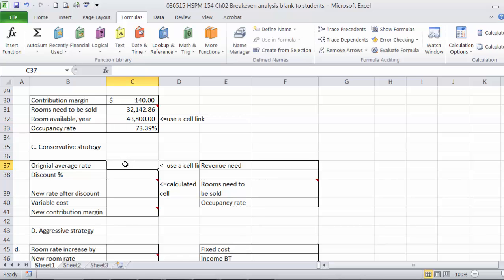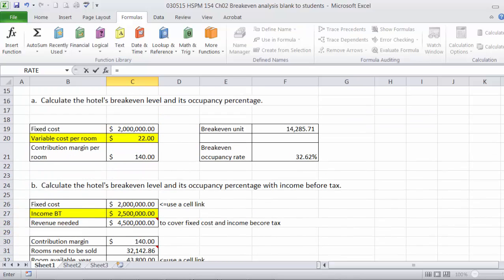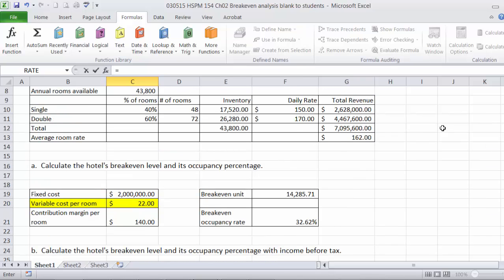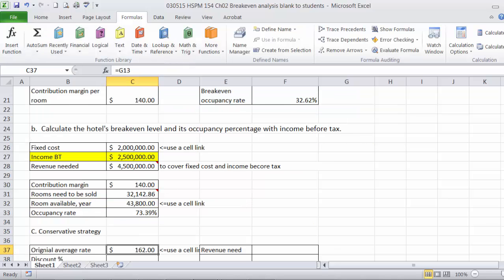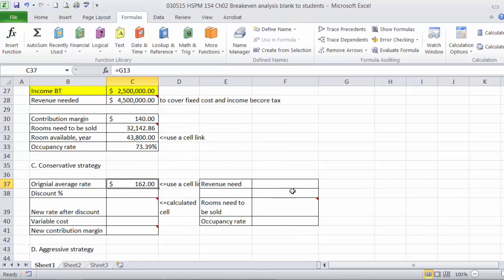Okay. So what's the original average rate? All right. We use the link. We link it to here. Then we click yes. So we got $162 here, right? So what's the discount rate? Okay, 20%. All right.